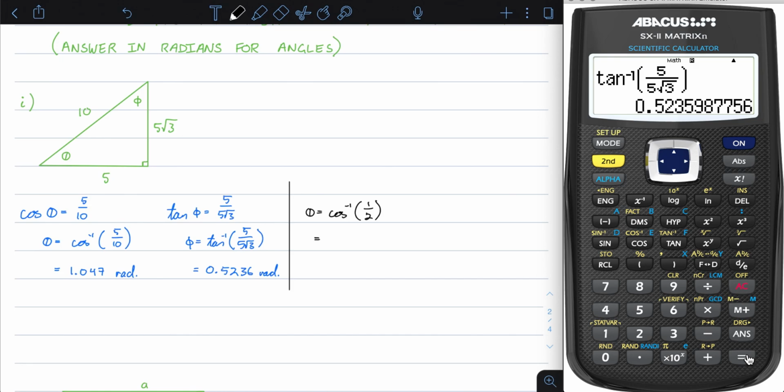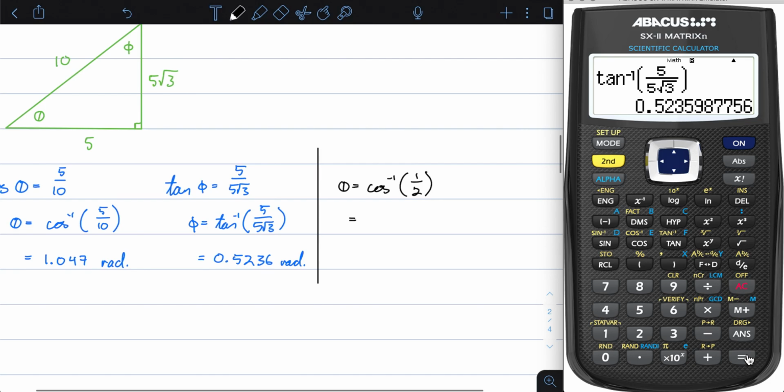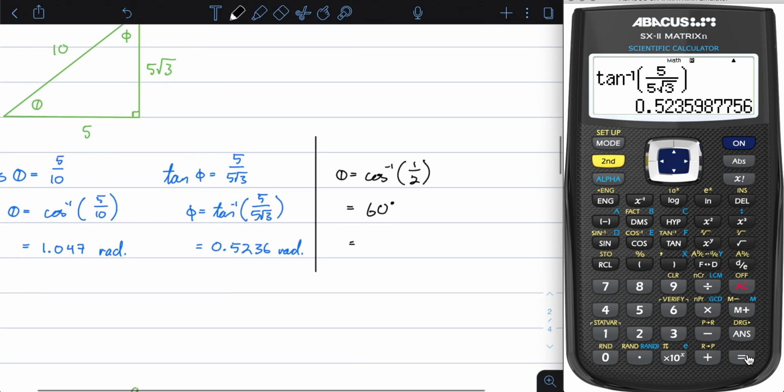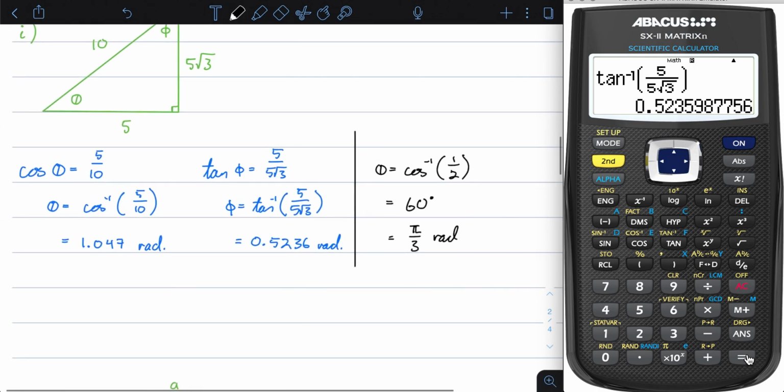And as we know, that is equal to 60 degrees. And if we convert this into radians, 60 degrees is equal to pi on 3 radians.